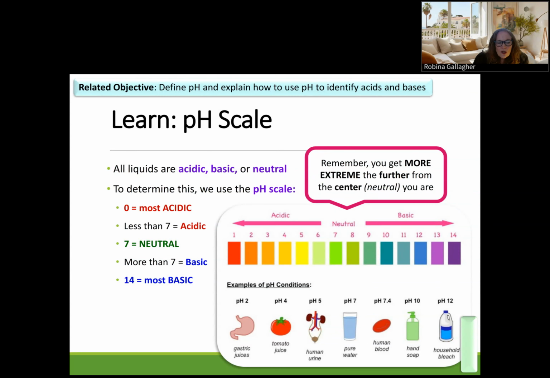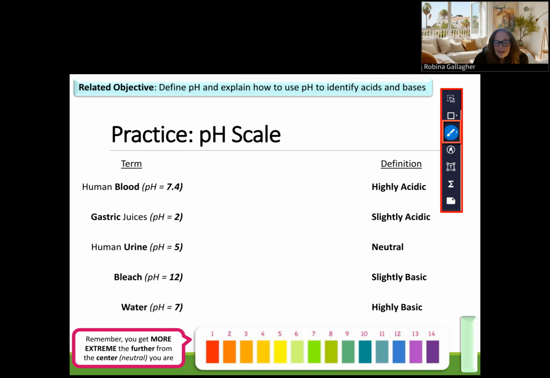So with this, you have question number 2 right here. I'm going to give you your annotation tools, and I want you to match these different solutions to whether they're highly acidic, slightly acidic, neutral, basic, or highly basic.